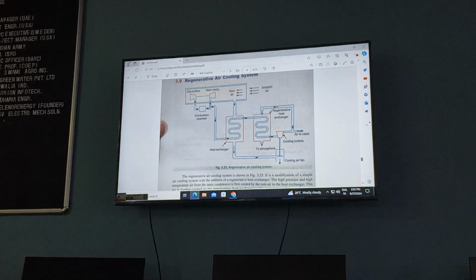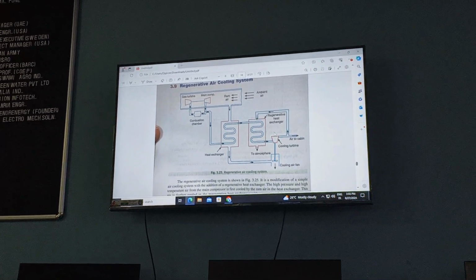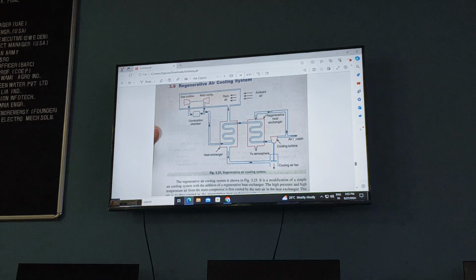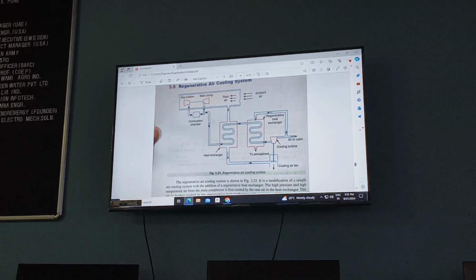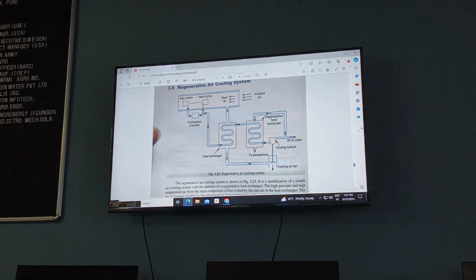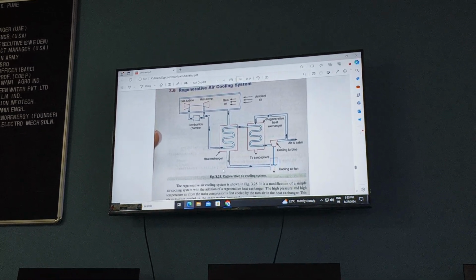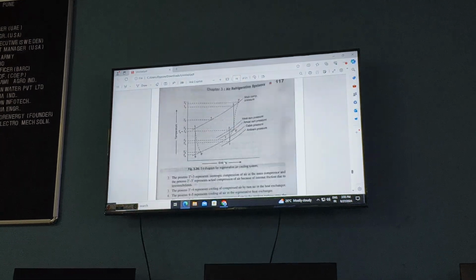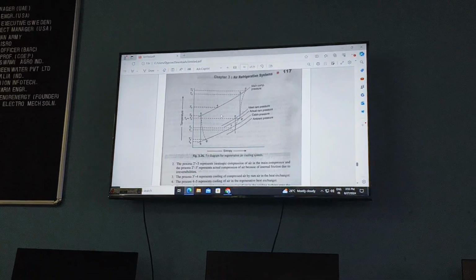Regenerative air cooling system. Now in this regenerative air cooling system, of the air we are sending to the cabin, some of the air we are bleeding off. We take a little air here, in the second heat exchanger. In the first heat exchanger, only ram air we are supplying. Okay? This will be the same. The TS diagram will be the same, right?